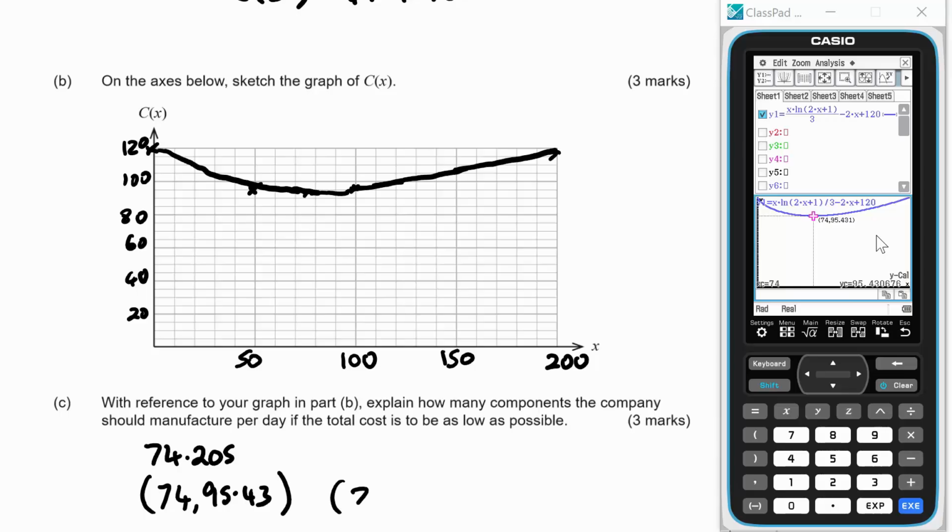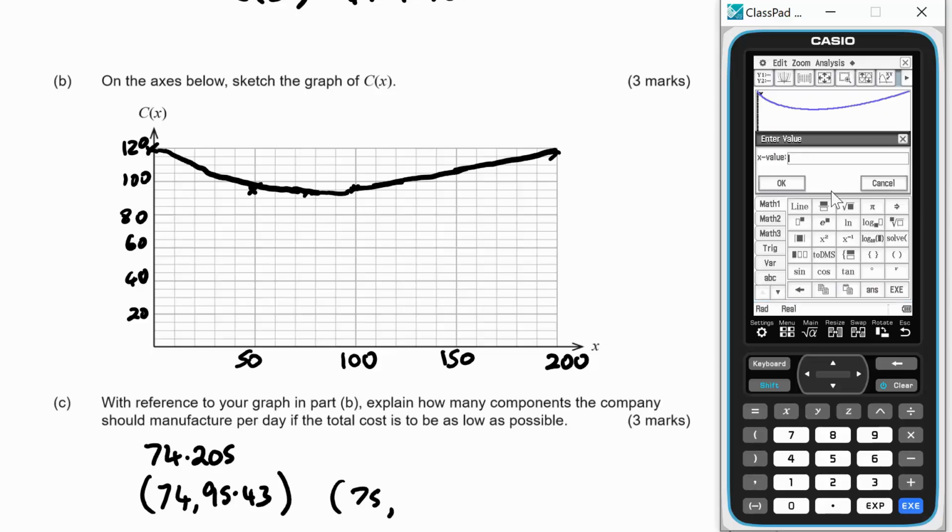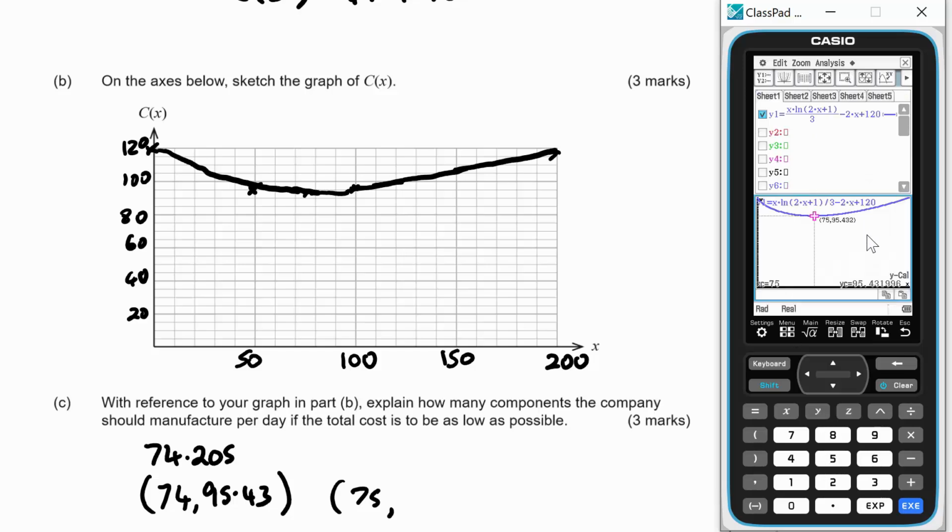And if we try 75, so do a Y calc, and the X value is 75. And that's 95.43 as well.